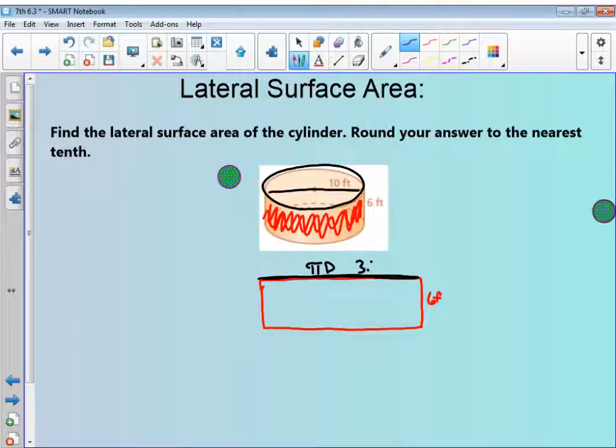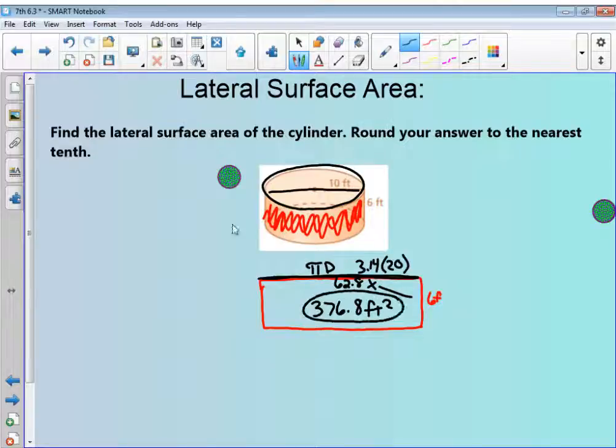So 3.14 times 20 is going to give me 62.8. And then we're going to take that times 6 feet. And when I do that, it gives me 376.8. It's lateral surface area, so that would be feet squared.